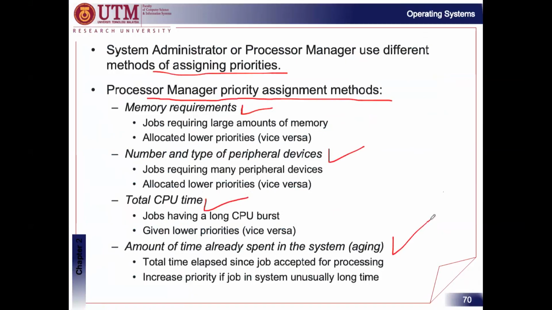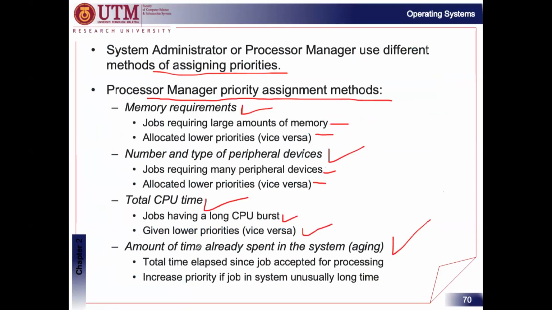A job requiring a large amount of memory is allocated lower priority, and vice versa. A job requiring many peripheral devices is allocated lower priority, and vice versa. A job with a long CPU burst is also given lower priority, and vice versa.